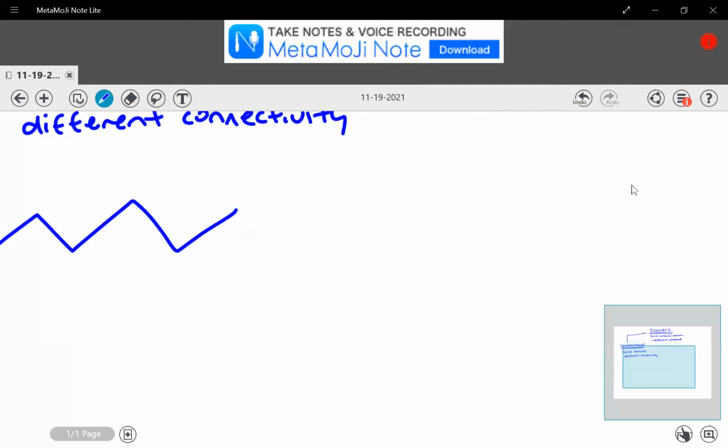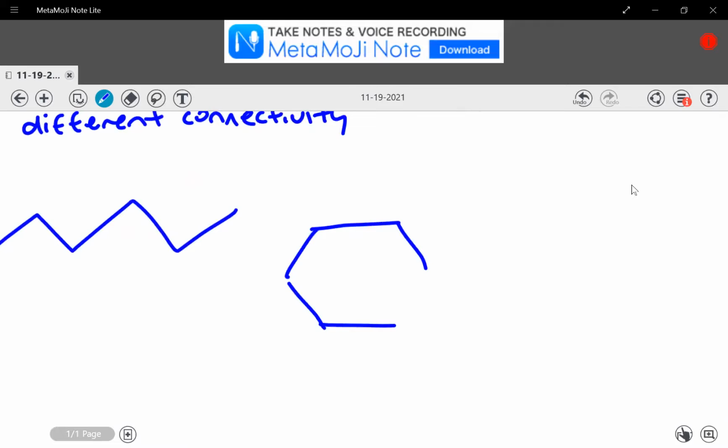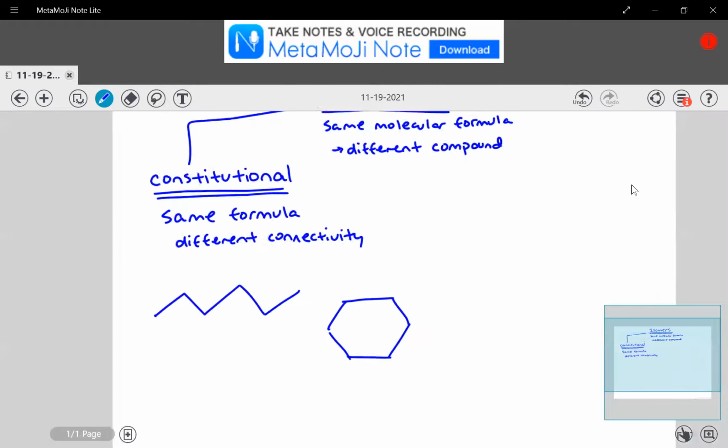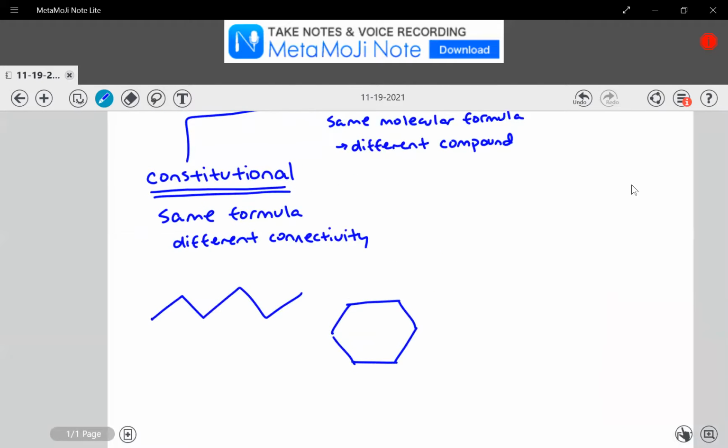This or this. These two are constitutional, okay? They are constitutional. I don't know how on earth they're gonna look the same. They don't look the same. So same formula, different look. New year, new me. That's what this is. That's constitutional. Right?